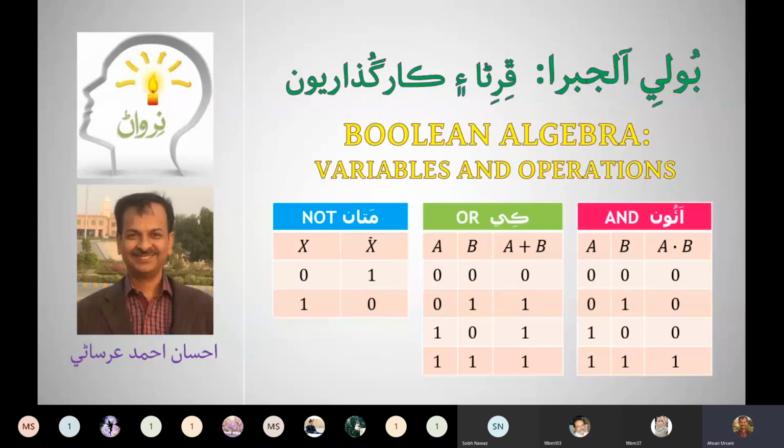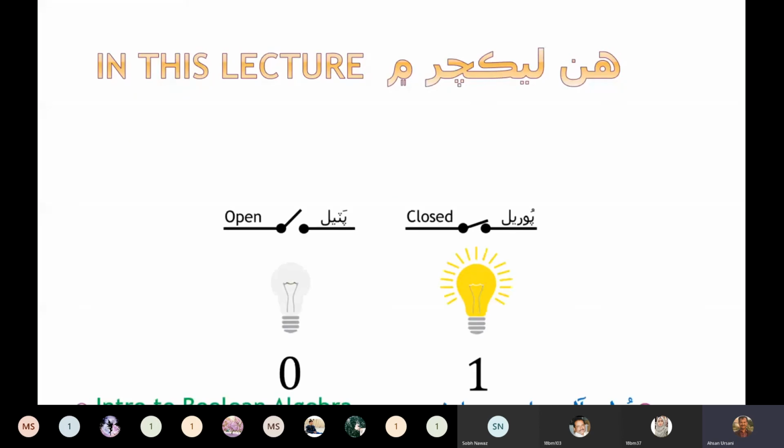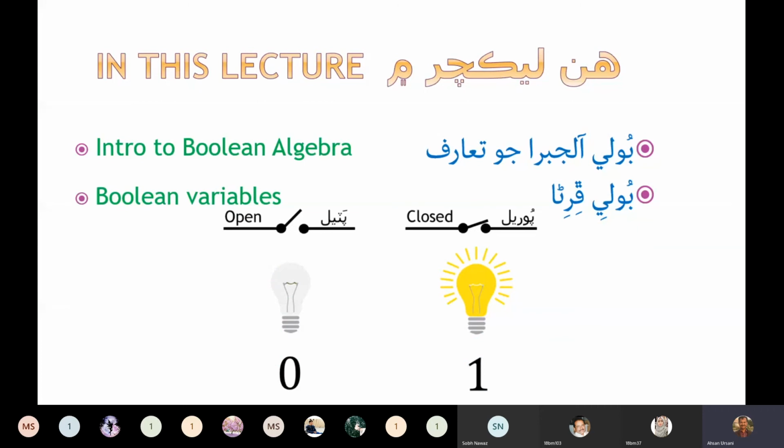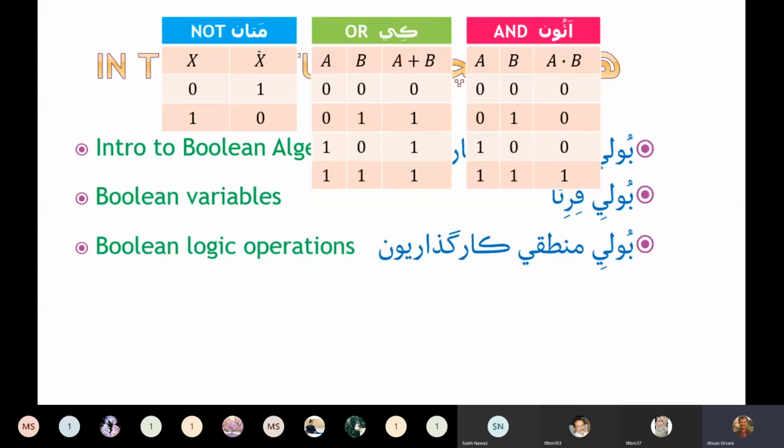Now we already started Boolean algebra in our last lecture, and we learned what is a Boolean variable and what are the three fundamental Boolean logic operations.